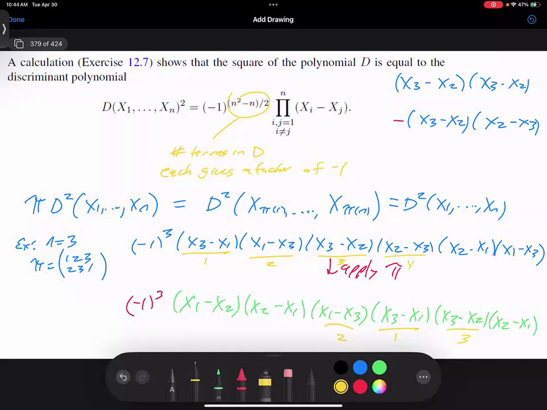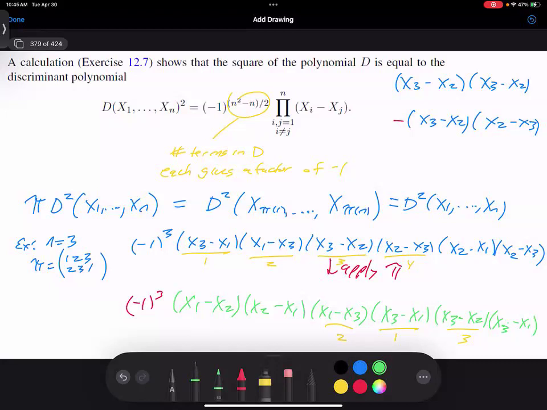Did I make a mistake somewhere? Okay, the second one was x1 goes to x2, x3 goes to x1, I wrote x1 minus x3 twice. The last one should be x2 minus x3. It's a typo, sorry. And so then that one should be x3 minus x1. So did I do everything?